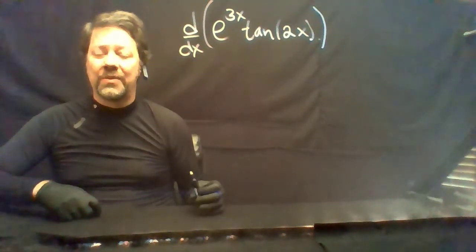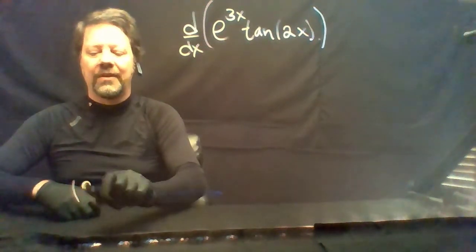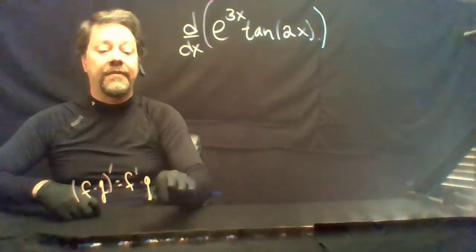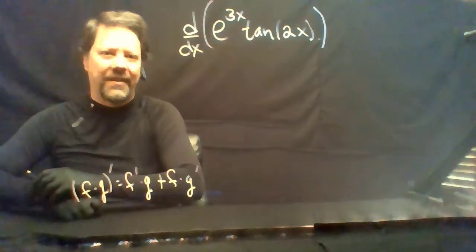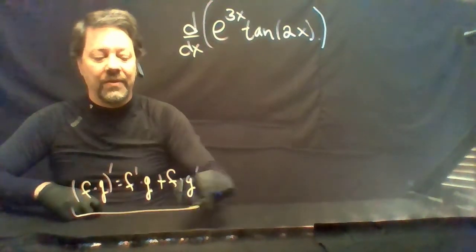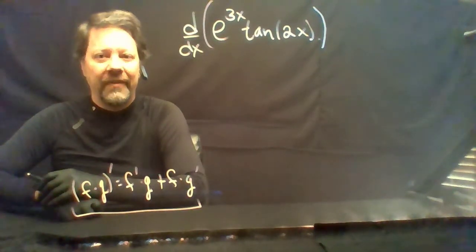So we'll have the product rule and the chain rule. Remember, for the product rule, if you have (f times g) prime, that's the derivative of the first times the second plus the first times the derivative of the second. You should memorize the product rule in this order. That's the order you will need for derivatives of cross products in Calculus 3.